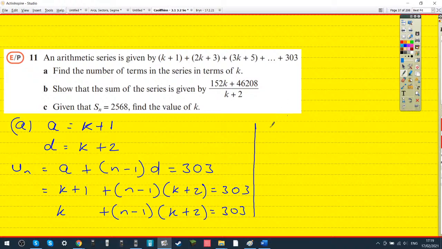What we could do, you know how like A plus n minus 1D is the nth term? Do that with U1. So first term, K plus 1 plus 0D. So just K plus 1. I don't like where this is going.